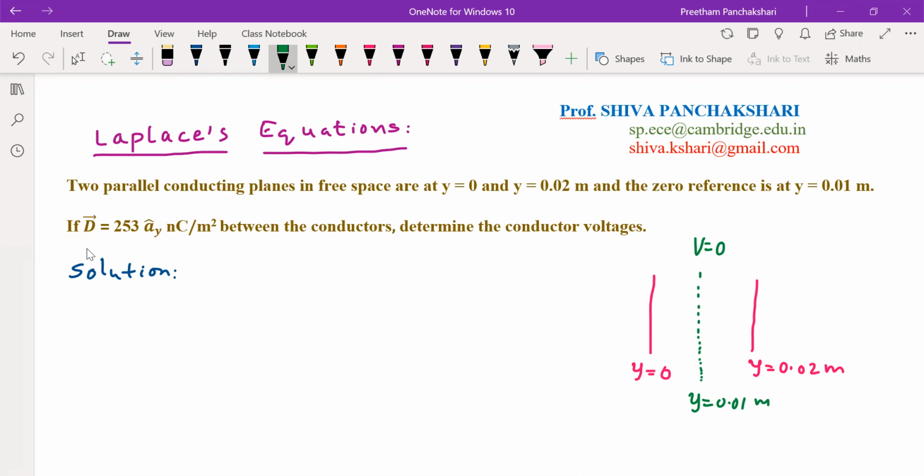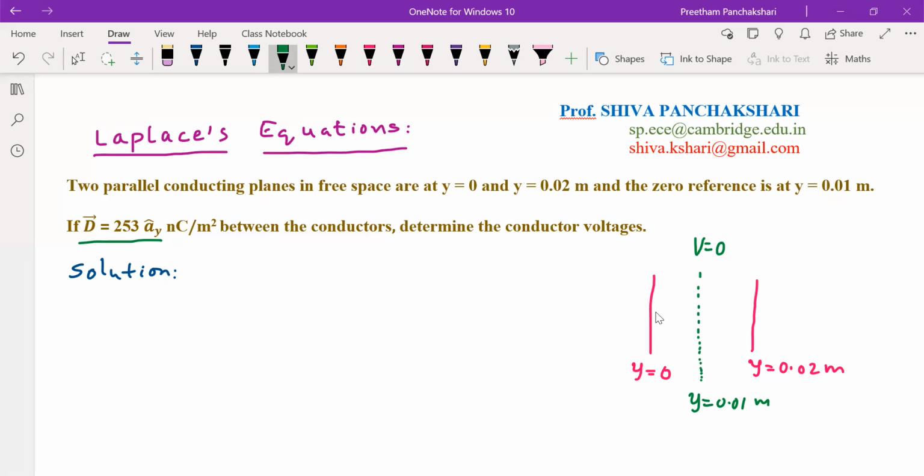Next, the vector D is given as 253 nanocoulomb per meter square. It is the y component. This D is distributed between the two conducting planes as usual. Now we have to determine the conductor voltages. Usually in regular problems, conductor voltages were given.